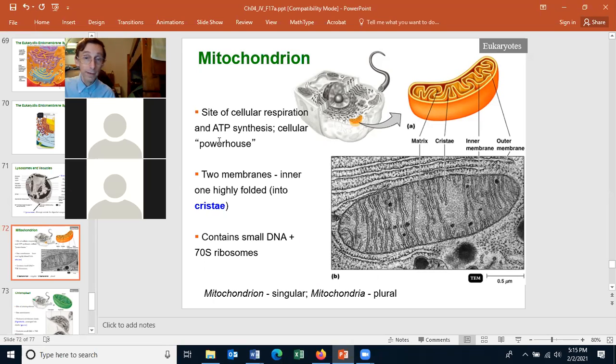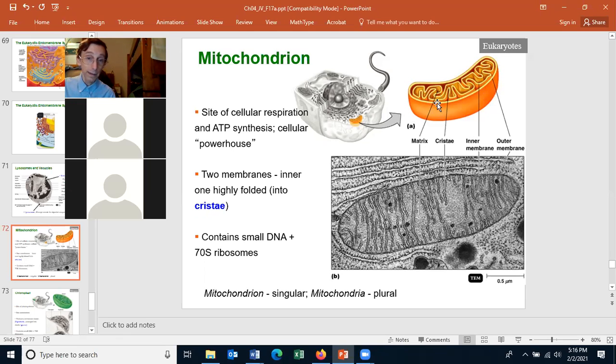The mitochondria is unusual in that it has two membranes, an outer membrane shown here, and then an inner membrane which is greatly folded into cristae. And the belief is that the folding is to increase the surface area of the inner membrane.